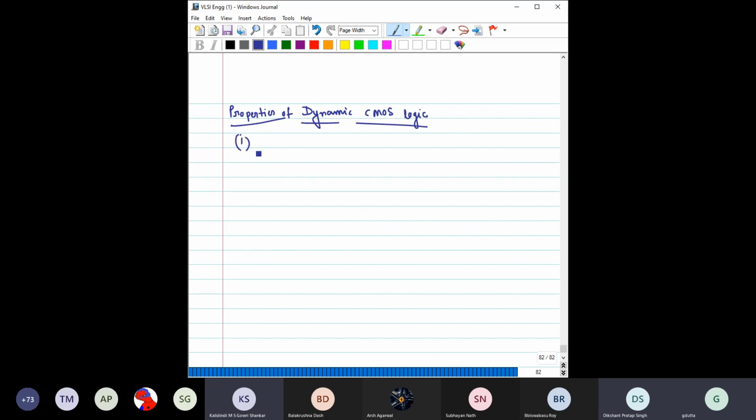The first one we have already discussed, that is the number of transistors.